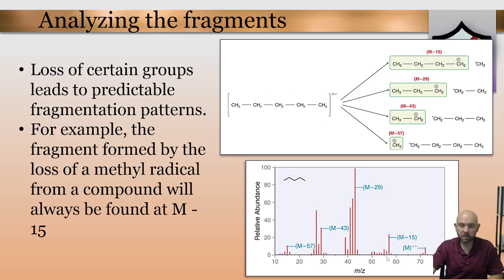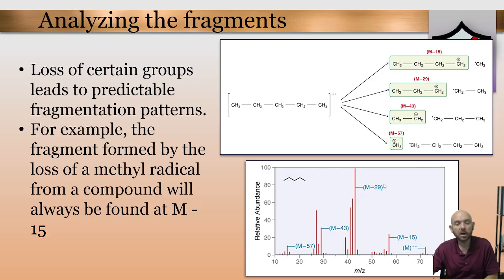If one of these gets removed and leaves an ion that has just this end of the molecule, then we would expect a big peak at 72 minus 15, which would be 57, and this is where we see the M minus 15 right here at 57.